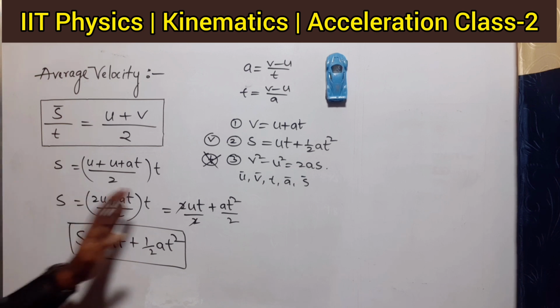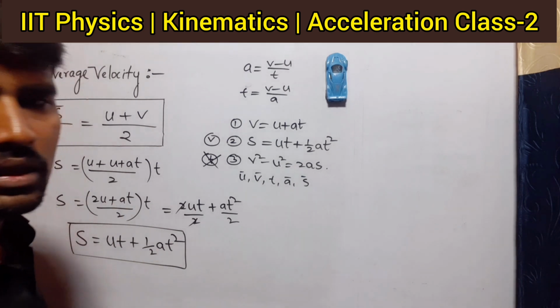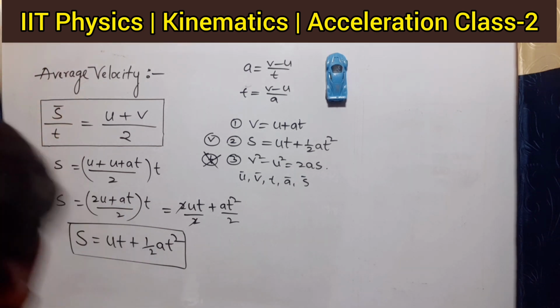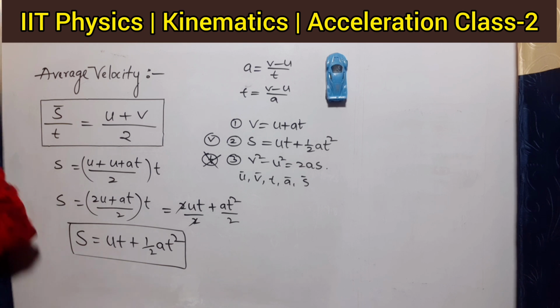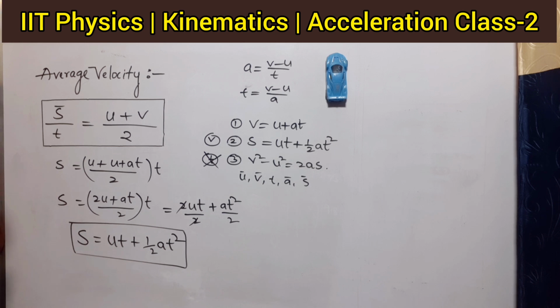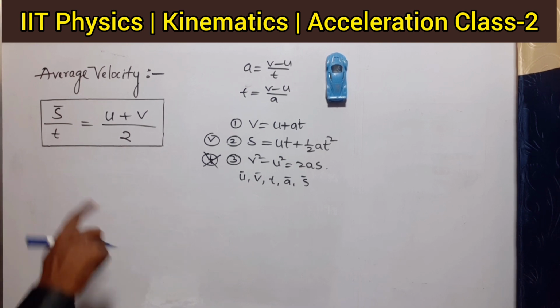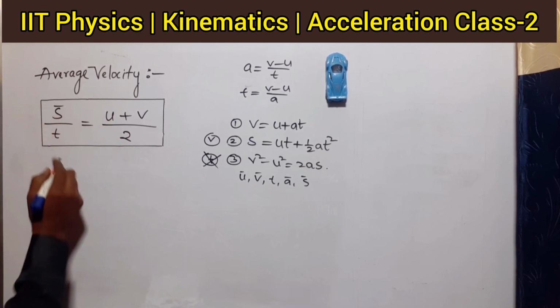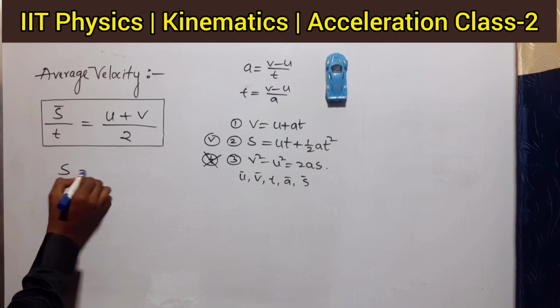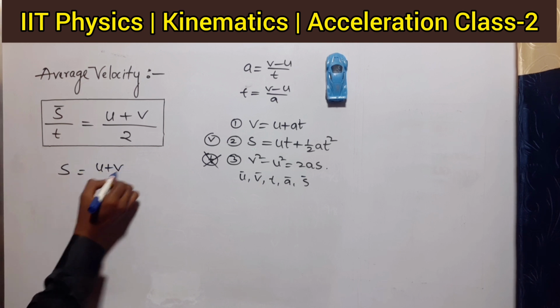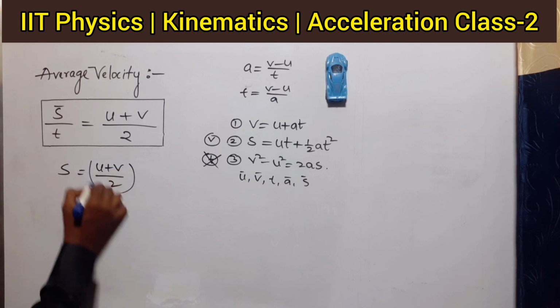These are very important equations of motion. From these equations, the total motion in 1D, 2D and everything starts, so please get the conceptual idea on this. The second equation is finished. From the basic definition of average velocity, we can write s is equal to u plus v by 2 into t.